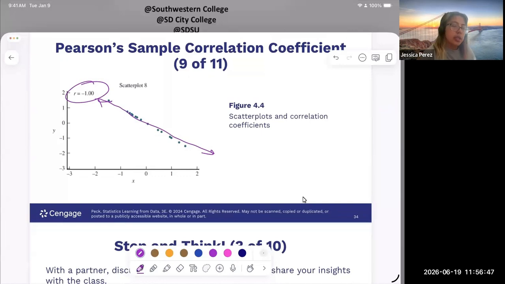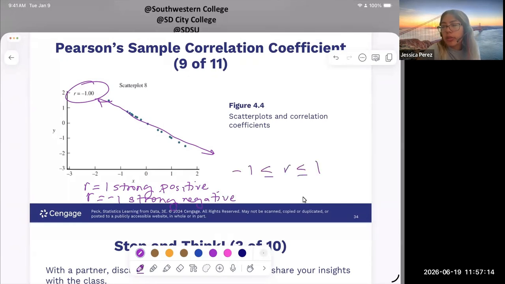R is bounded between negative 1 and 1, where R equal to 1 is the strong positive correlation, and negative 1 is the strong negative correlation. And then we can have points in between.